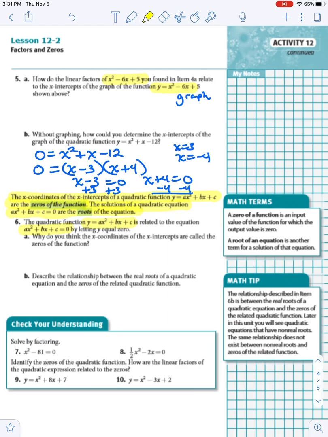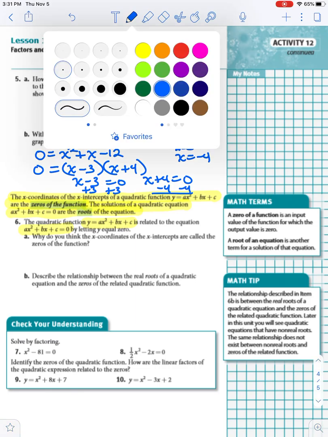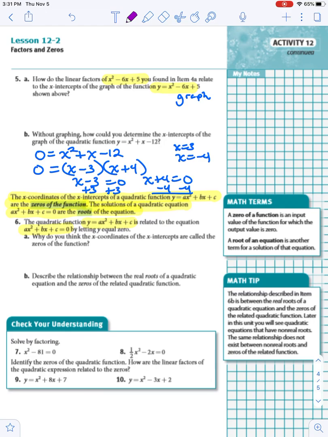So why do we think that the x-coordinates of the x-intercepts are called the zeros of the functions? Well, they're called the zeros because these x values occur when y equals 0.